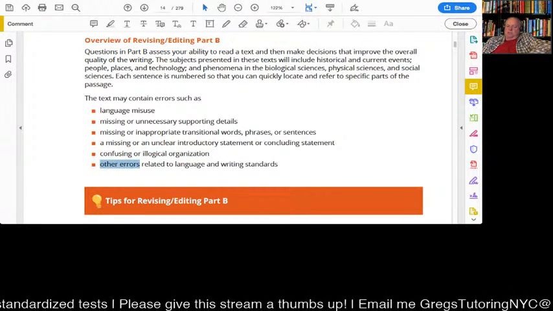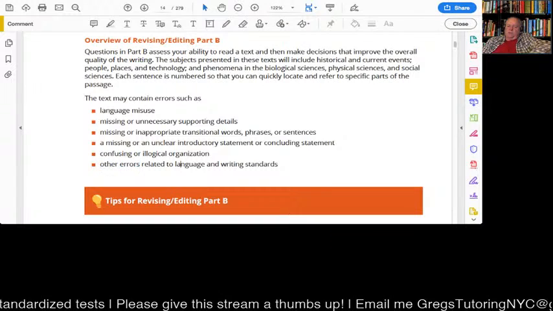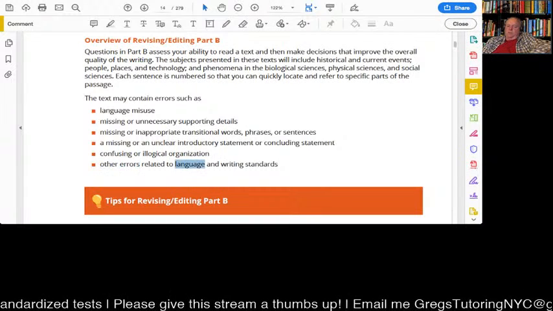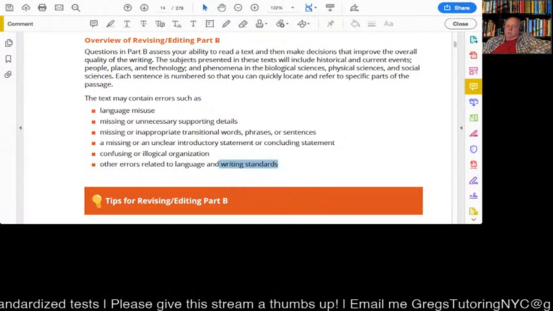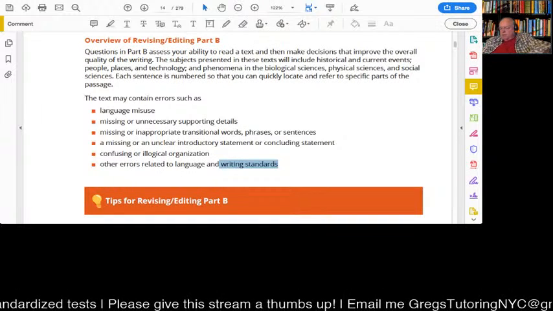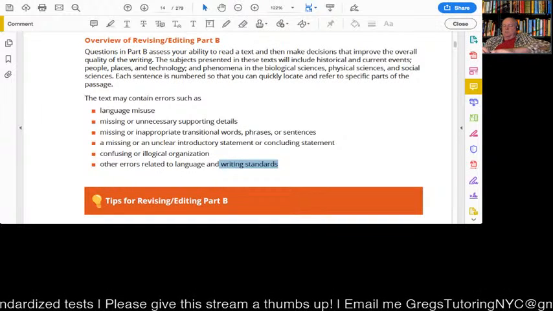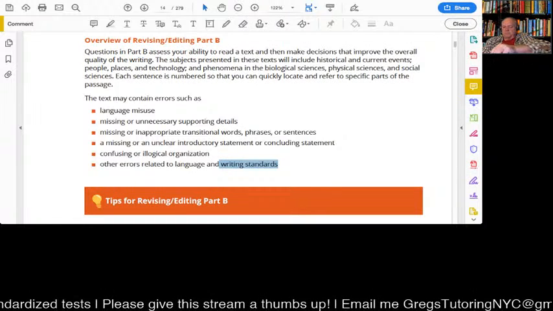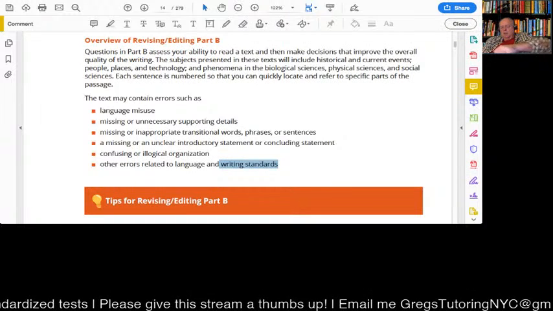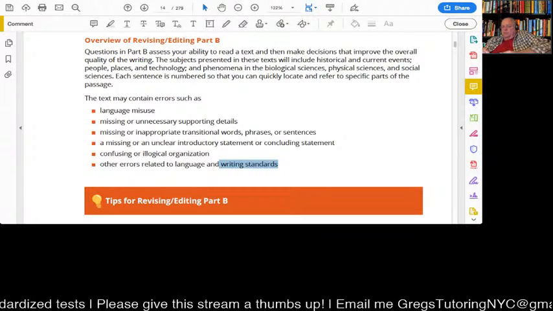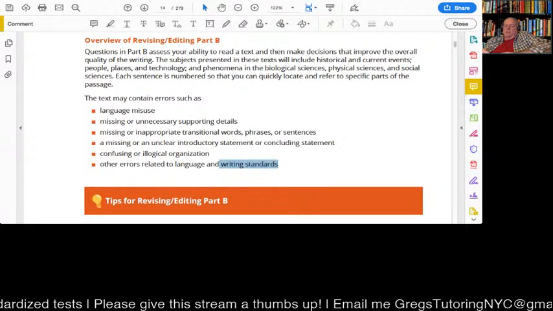And then it just says other errors. Gee, thanks, right? Related to the language. And language, they're talking about the written word here and written standards. On some other tests, you have to write essays or short responses and long responses. Because this is graded by Scantron, there's no essay part of it, so that no human has to necessarily process this.